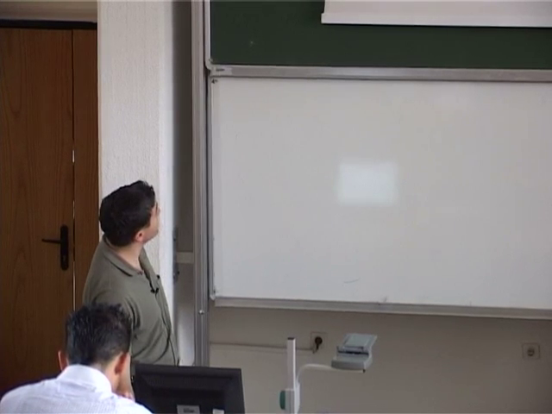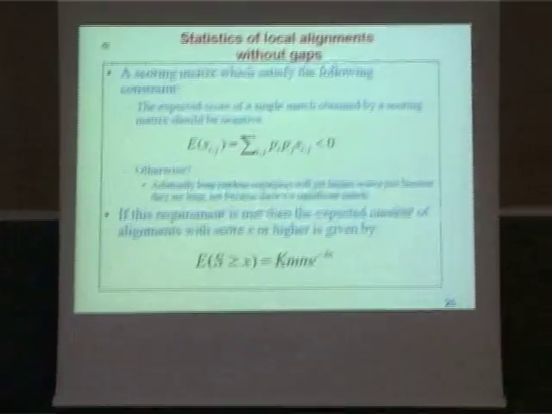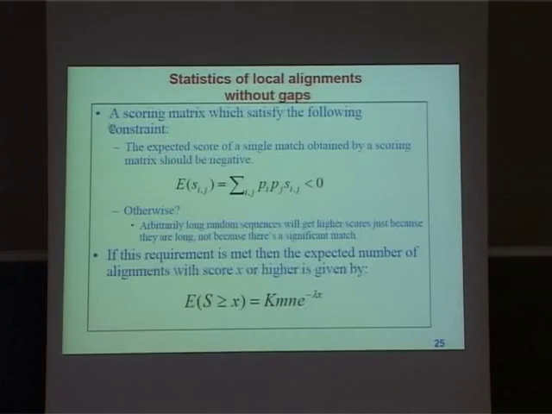Now let's talk about statistics of local alignments without gaps. In order to have a meaningful e-value, the scoring matrix we use, which scores matches and mismatches differently, has to satisfy certain constraints.